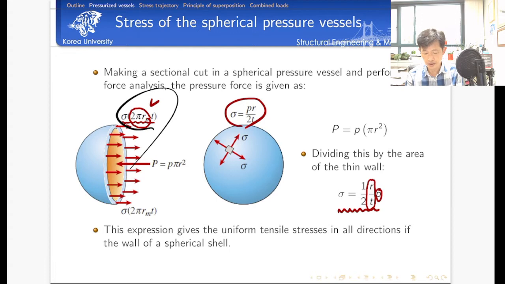But here we'd like to see two different points. For example, the inner surface is subjected to pressure. The outer surface, in the radial direction, has no pressure. So if you check the stress condition at point A and point B, then we're going to have different stress conditions.